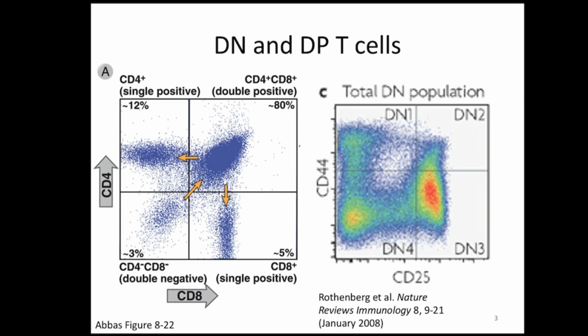After the cell is a DN4, it becomes a double positive. So these 4 steps are like sub-steps within being a double negative. Once you finish those 4, then you go to being a double positive. And so this is how a lot of T cell biologists often describe aspects of T cell development.